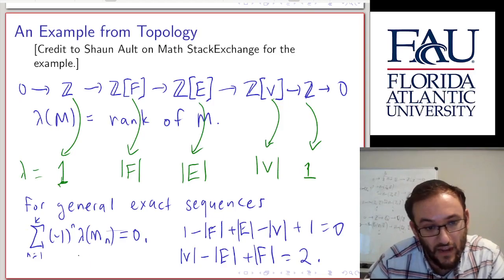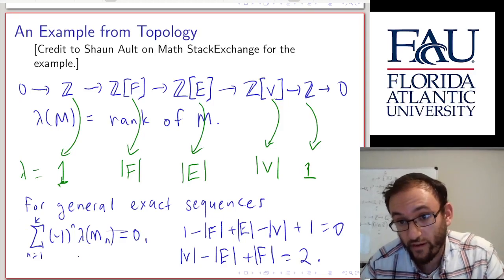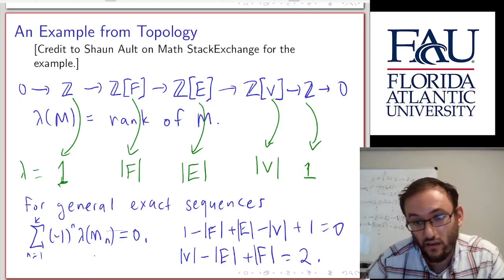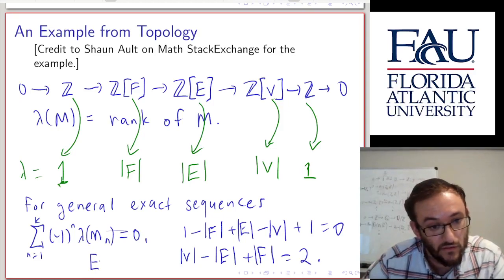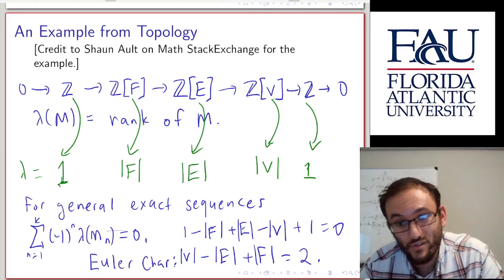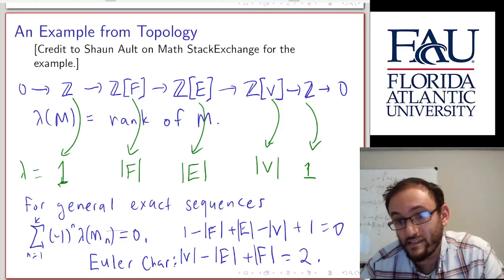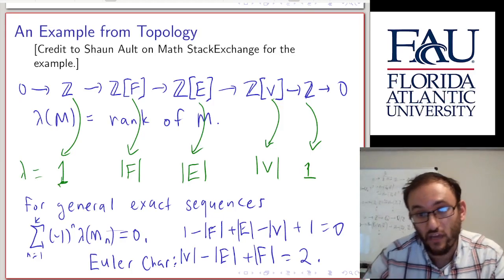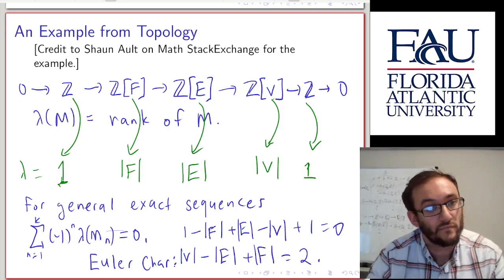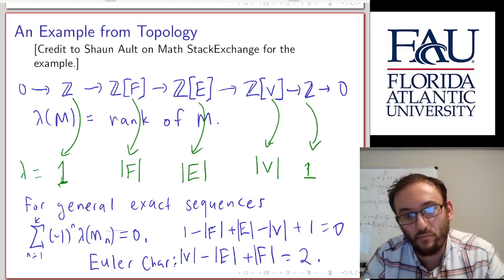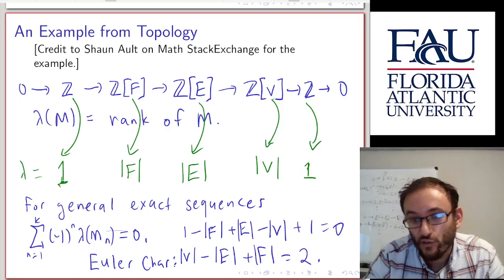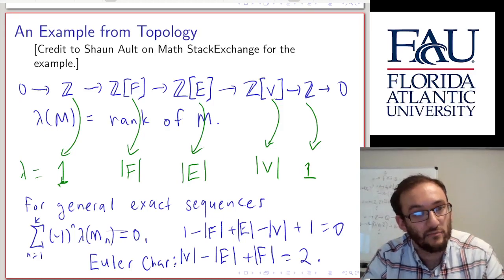And this is familiar as the formula for the Euler characteristic of a convex polyhedron. So this is the Euler characteristic. Okay, and we get that just from applying this rule of additive functions to this exact sequence of modules associated to the convex polyhedron. Okay, so I really like that example. I saw it on Math Stack Exchange looking for some friendly examples, and was written by Sean Alt.